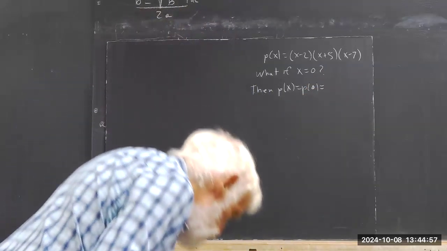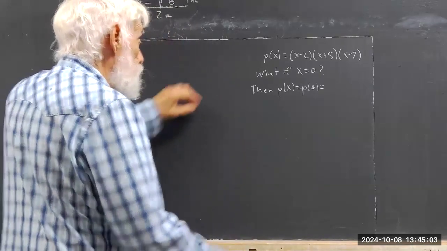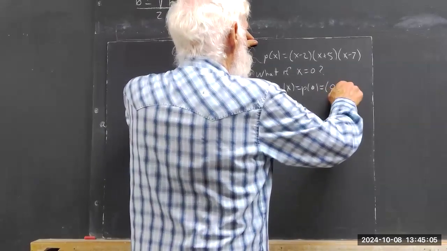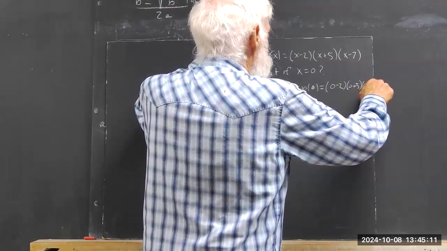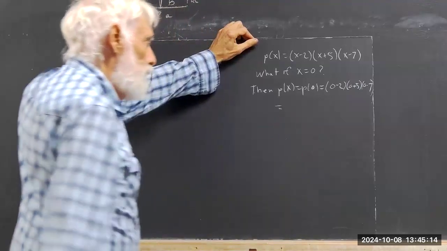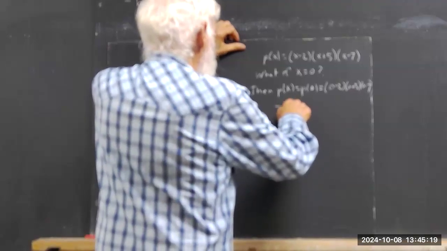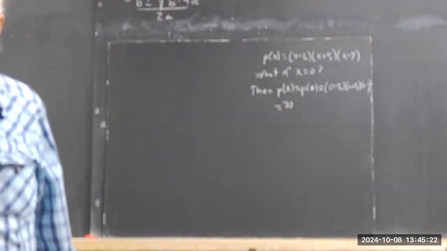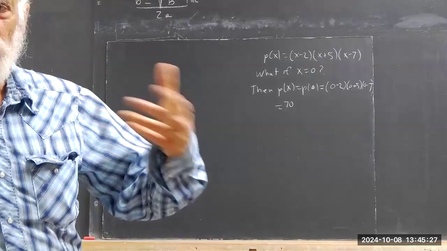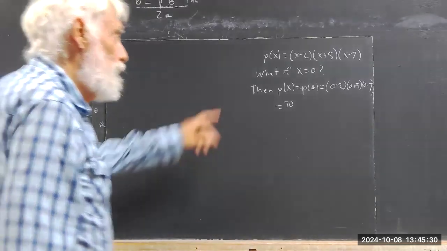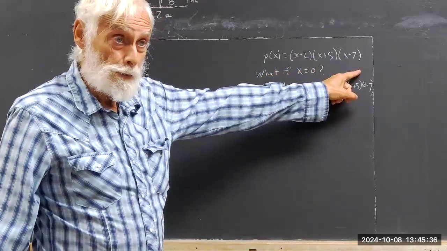Well, then p of x equals p of 0, right? That means we just replace all those x's by zeros, which is going to give us 0 minus 2 times 0 plus 5 times 0 minus 7. Well, we multiply that out, and we get 70. Okay. So a couple people wanted to put up 0. Now, there's kind of a right thought that goes with that idea, but it's not that x equals 0, because if x equals 0, none of these are going to be 0, are they?